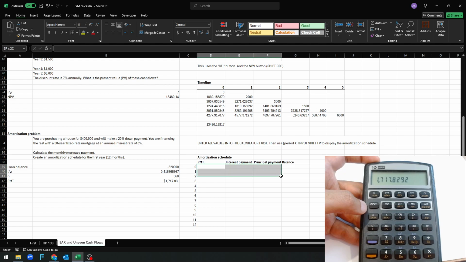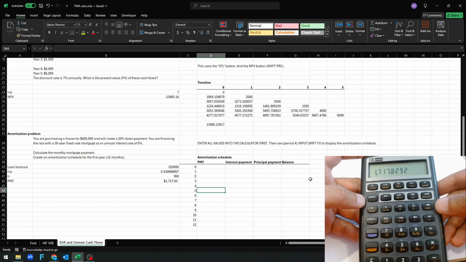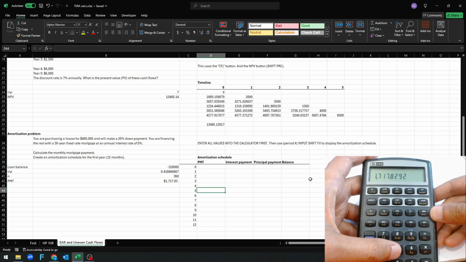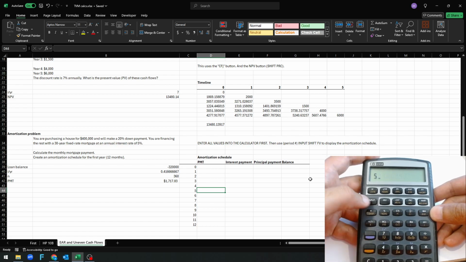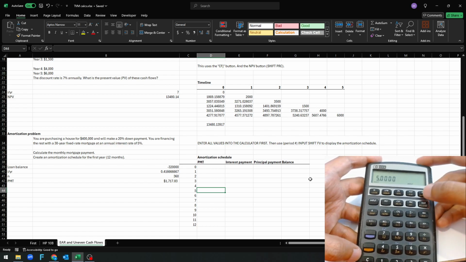Now we can actually find this entire amortization schedule. So the way that we do this, we entered all the values into the calculator first. Then we can figure out, okay, in period 5, what's the amortization? So the way that we do that is we put in 5, input, shift, and then we press this amortization button.